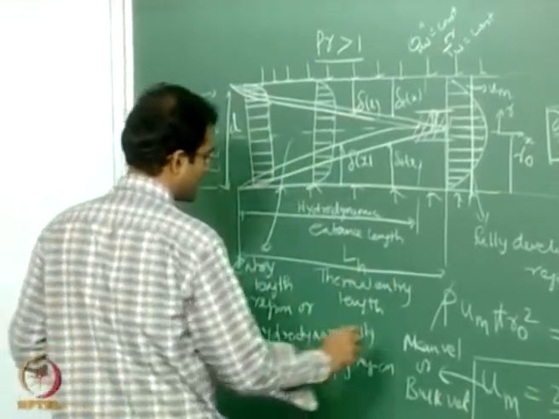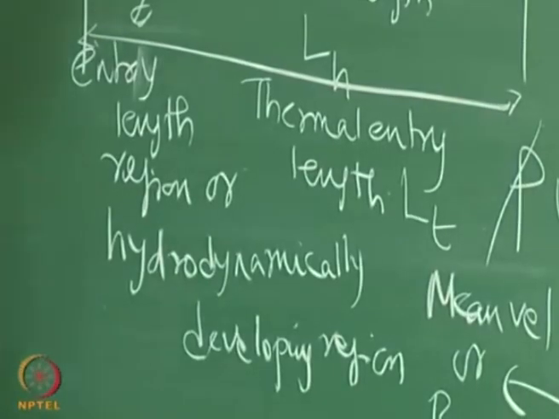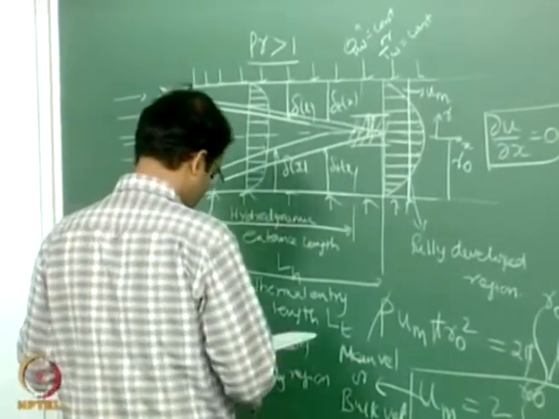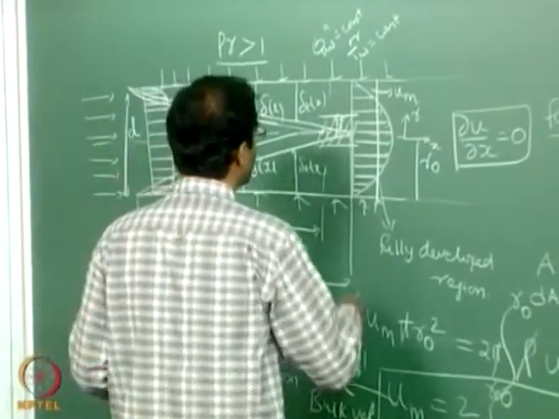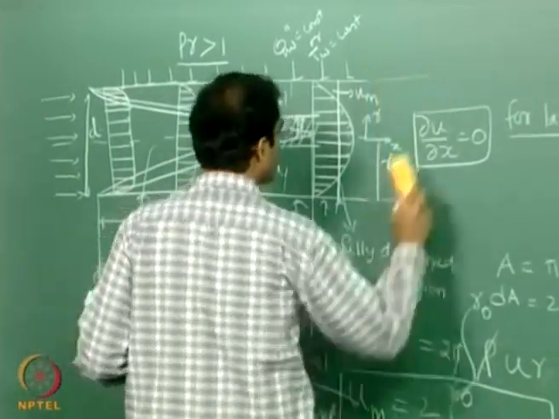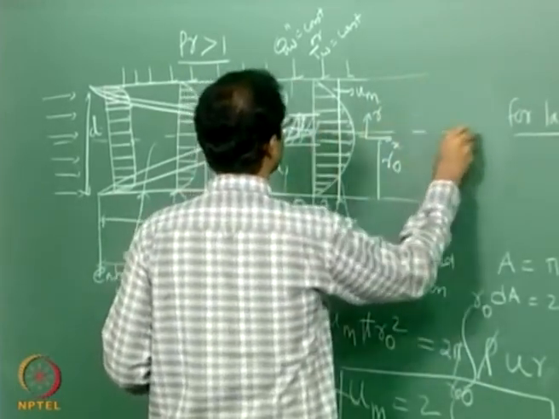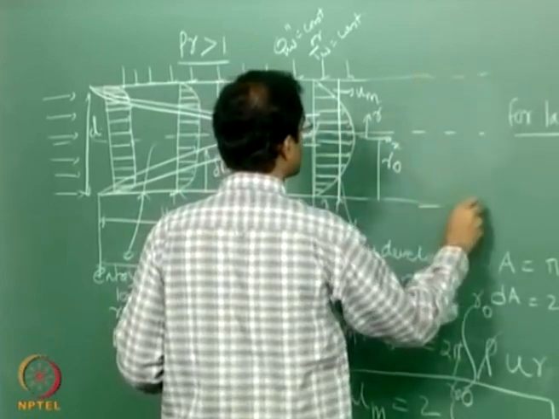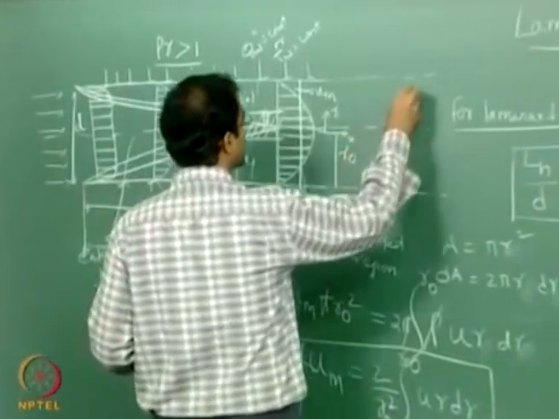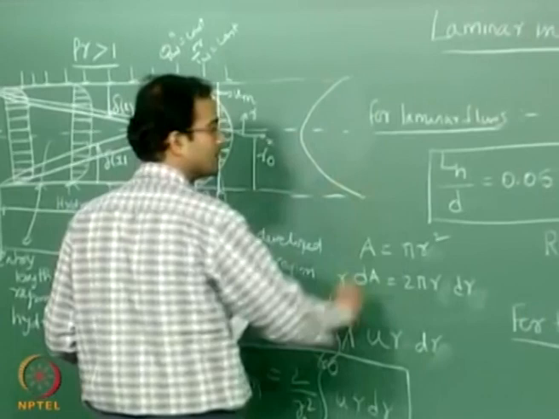I can use the notation L subscript T to say that the length corresponds to the thermal boundary layer. And if I draw the profiles, typically somewhere here, the wall temperature is higher than your bulk temperature or the temperature of the fluid inside, so it should look something like this, right?